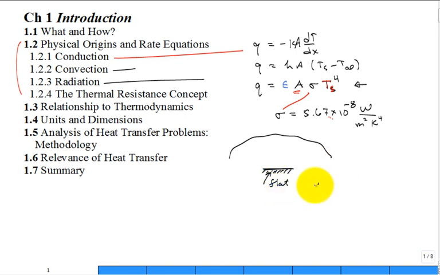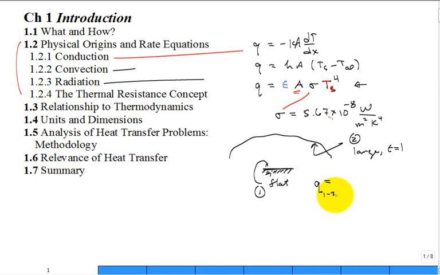I may be interested in the rate of heat transfer going from surface 1 to surface 2, which is large. And because it's large, we'll get to it, its emissivity is essentially 1. It's essentially black. Haven't justified it, but this is a simple radiant exchange equation.